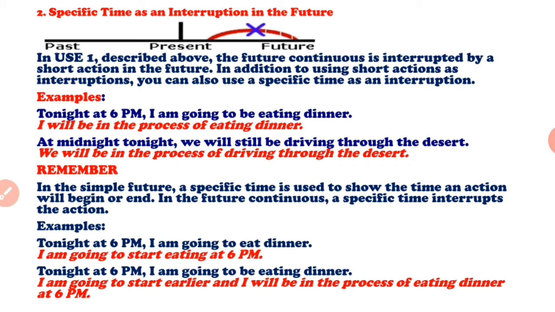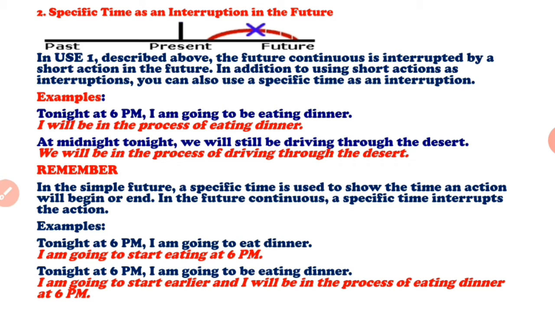In use one, described above, the future continuous is interrupted by a short action in the future. Yes, we have just studied. In addition to using short actions as interruptions, which interrupt the first action, you can also use a specific time as an interruption. Students, it's very easy to understand because we have just studied it in the last slide.